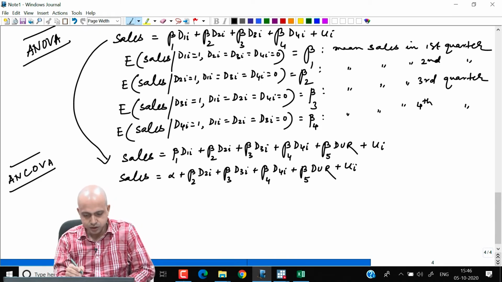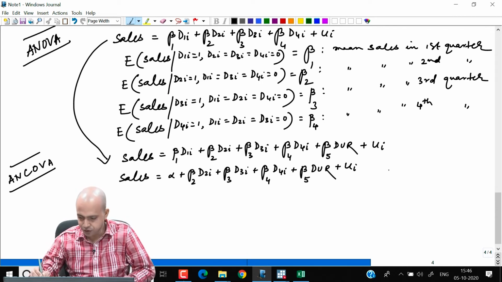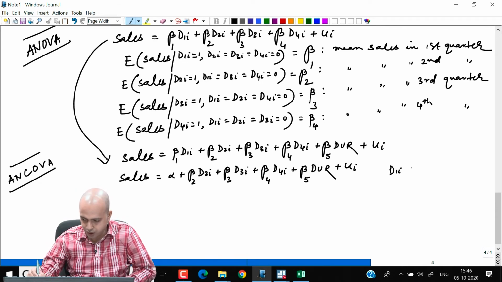So here, since we have already introduced the intercept, we consider d1i actually the base category.